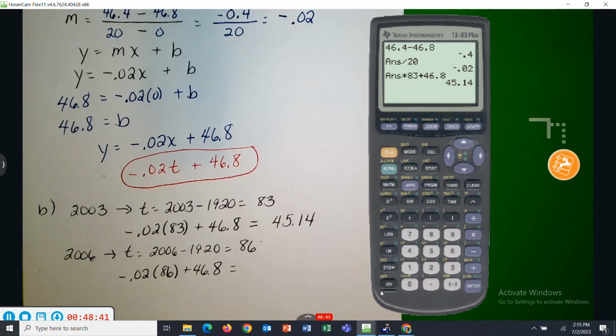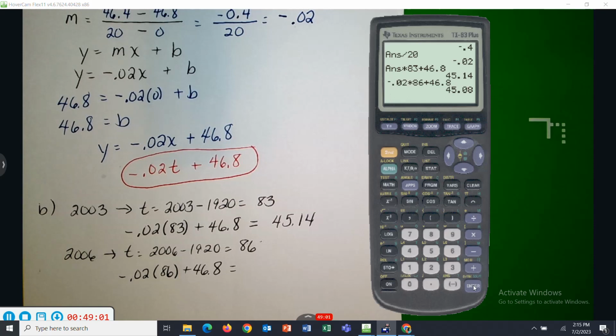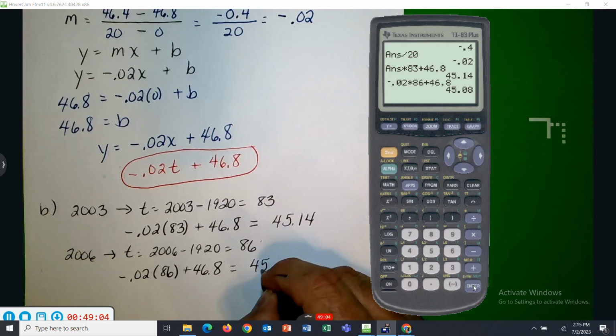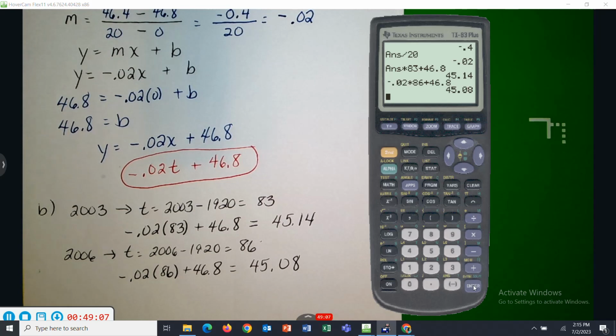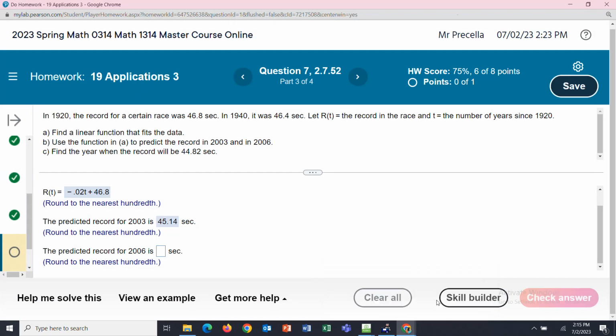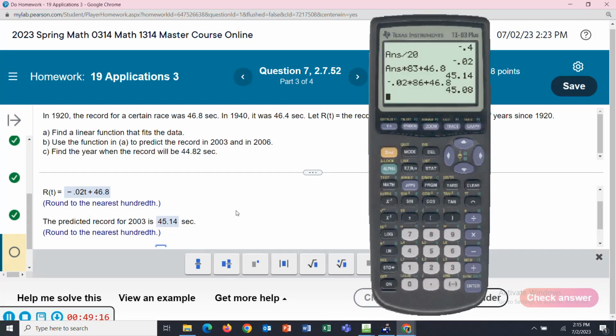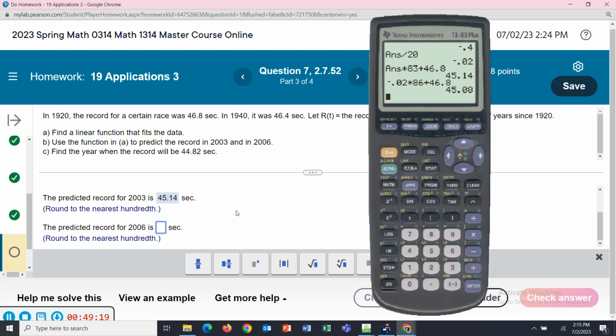So negative 0.02 times 86 plus 46.8, enter. Okay, so 45.08. In 2006, the record was 45.08.